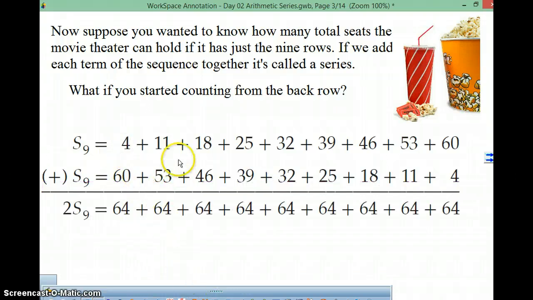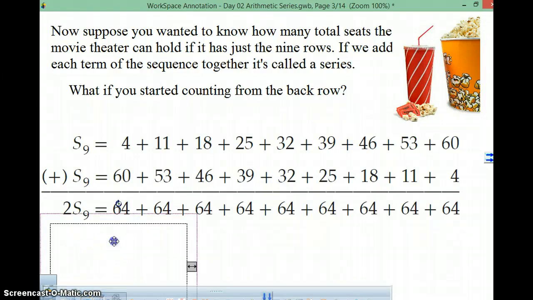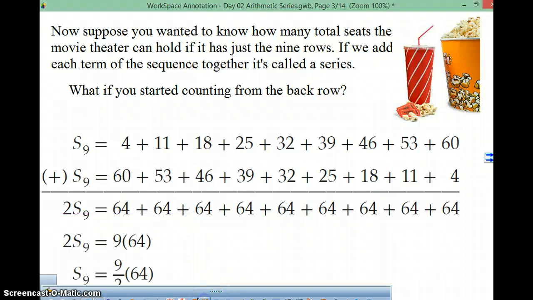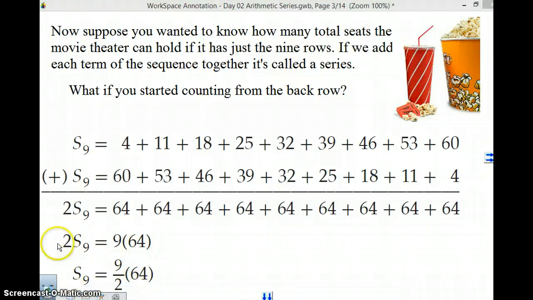If we do this trick, do you see how all those add up to 64? And why this becomes 2 times the sum of those 9 terms. Okay, well, look what we can do with that. What we can do with that is say that this is just the same thing as 9 times 64. And if we divide both sides by 2, we end up with 9 halves times 64.